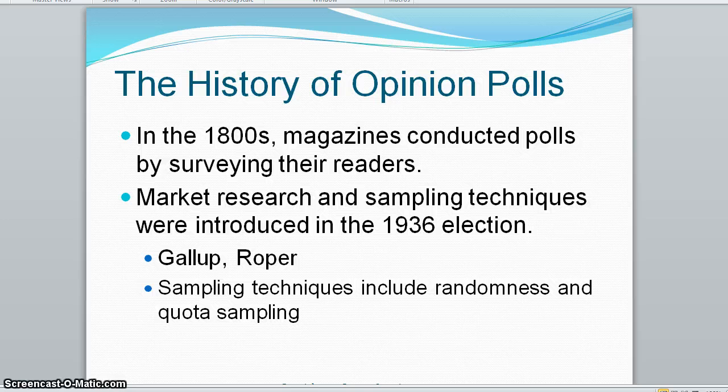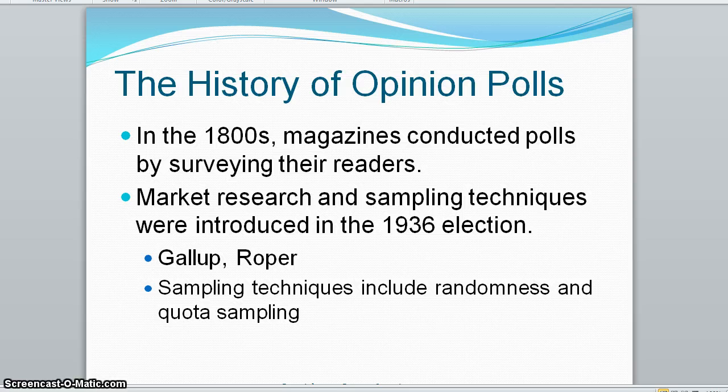Now let's talk about opinion polls, one of the most common methods for gathering and measuring the feelings and beliefs of the population. Newspapers and magazines began to measure public opinion in the 1880s by surveying their readers. They would send questionnaires to the readers, and they were able to predict election results with 70% accuracy.